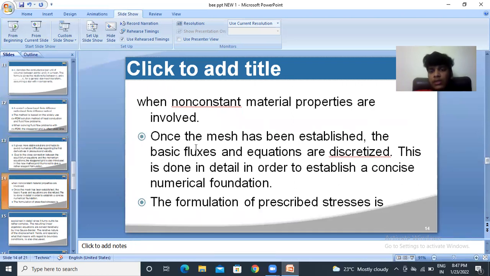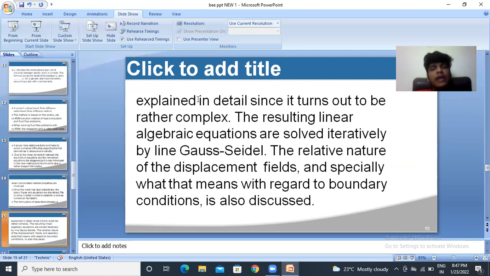It means once the star to mesh transformation has been done, then the basic fluxes and equations are discretized. This is done in detail in order to establish a concise numerical foundation. The formulation of prescribed stresses is explained in detail since it turns out to be rather complex.